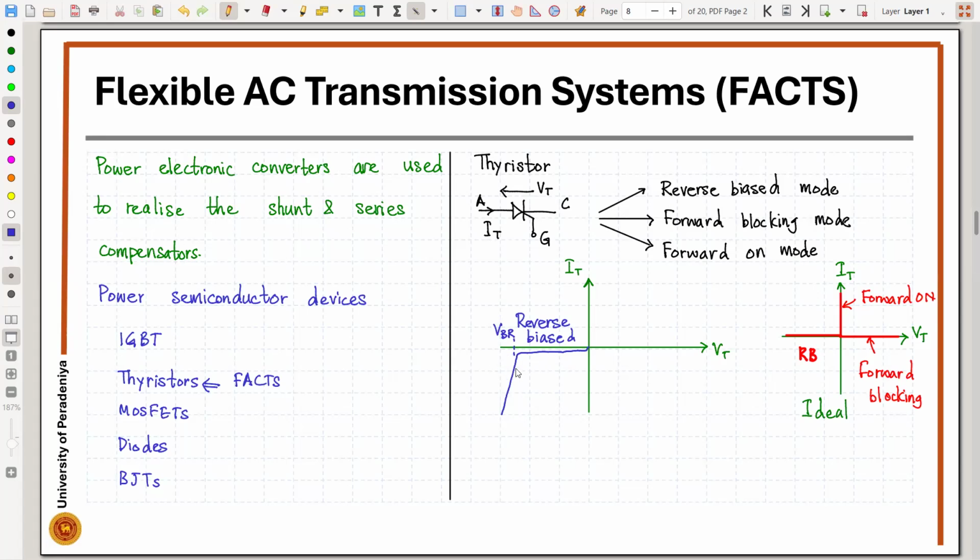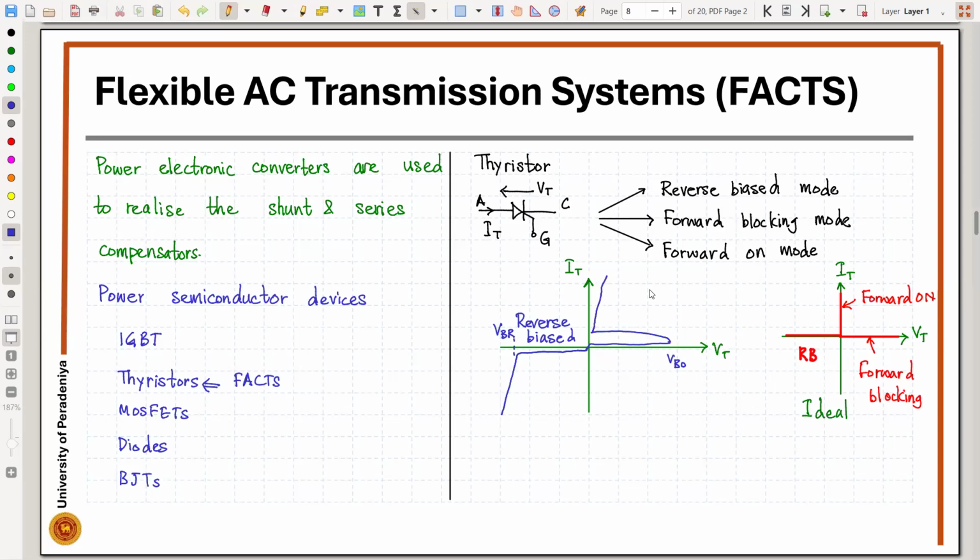Then when it comes to the forward blocking condition, there would be a small leakage current flowing through the device up to a certain voltage, VBO. Till that voltage, the device can block the voltage. Current flow will be limited to this leakage current. But if we apply a voltage beyond this breakdown voltage, then the device will be moved into the on state.